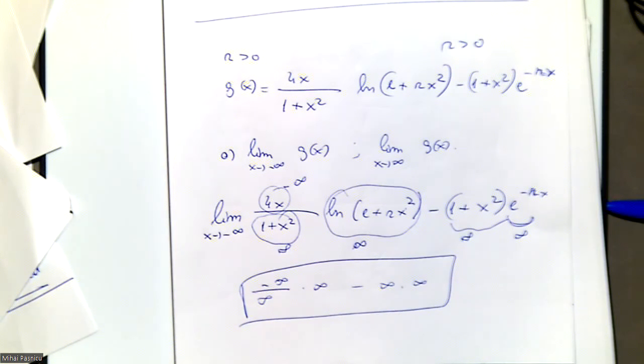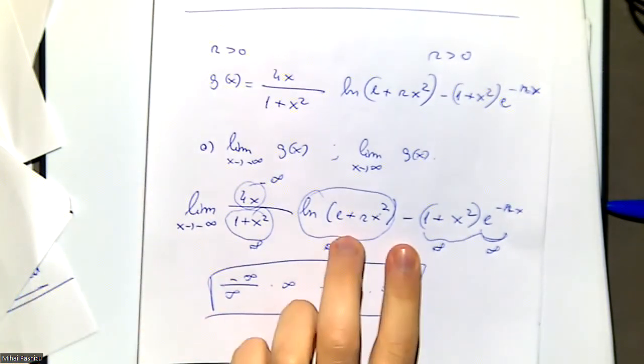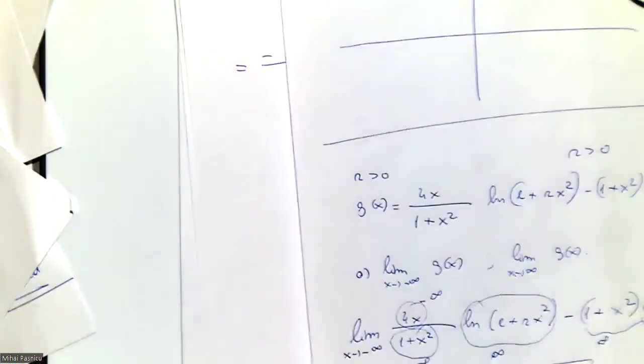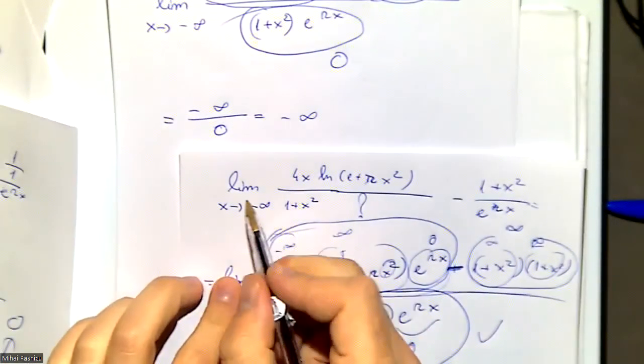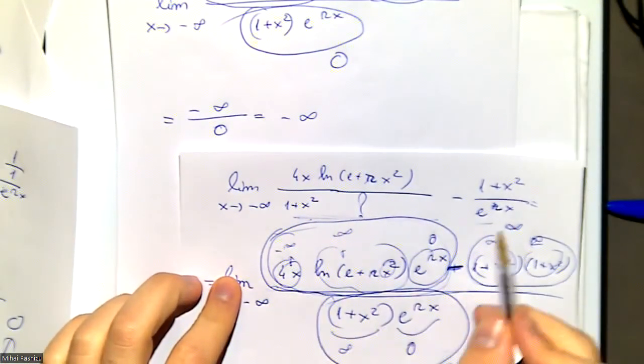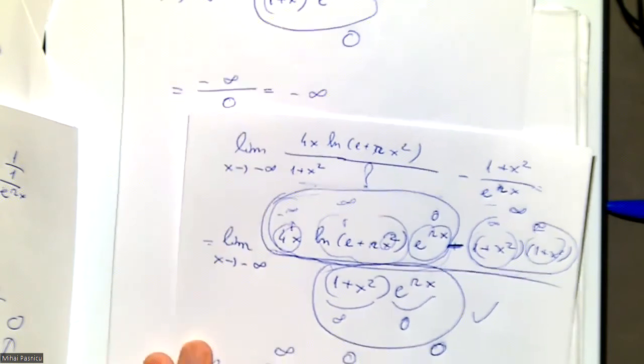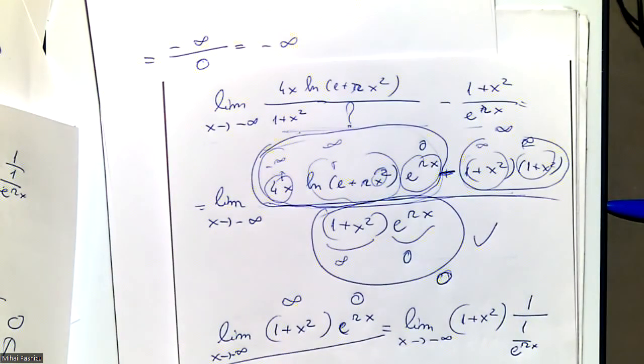And then you say, I only know the L'Hopital theorem, so I need to create a fraction. That's the only thing I'm searching. I need to create a fraction so I can start taking derivatives. So from here, I created the fraction. I brought the same denominator here, and I got something even uglier.